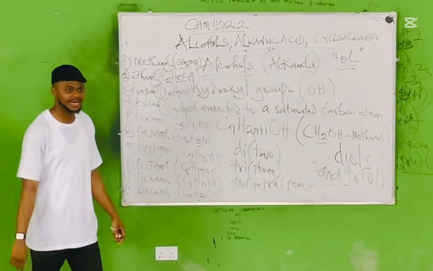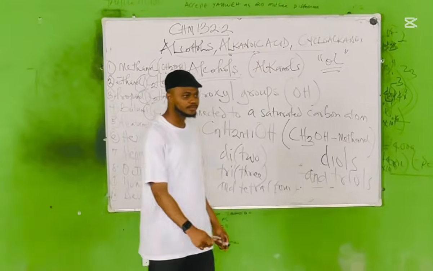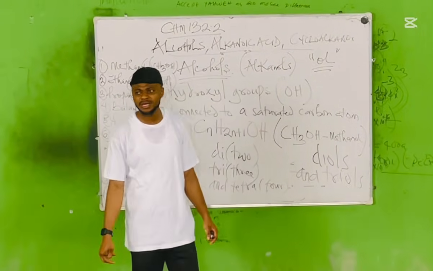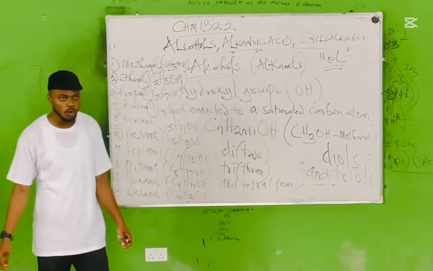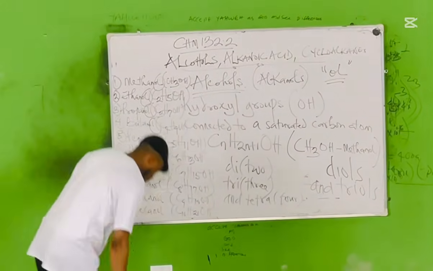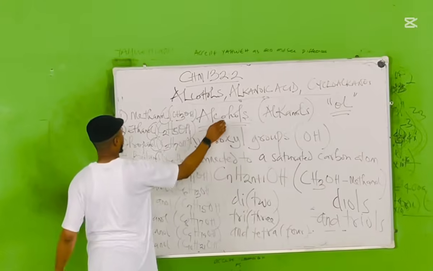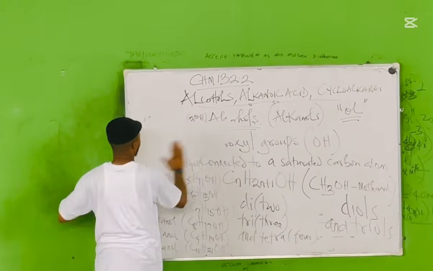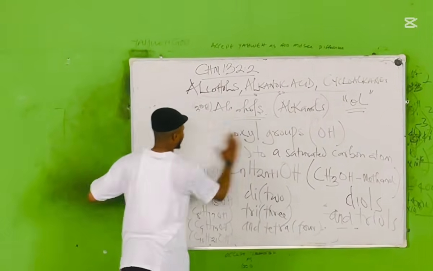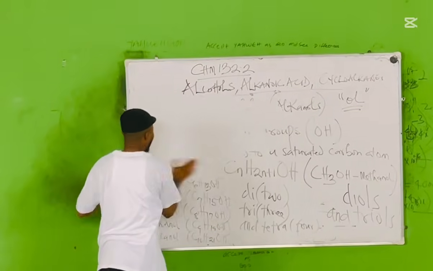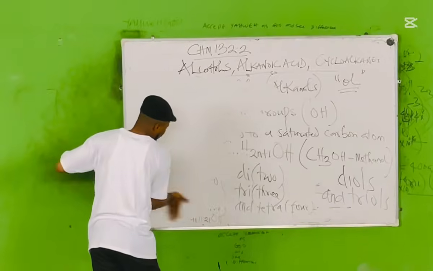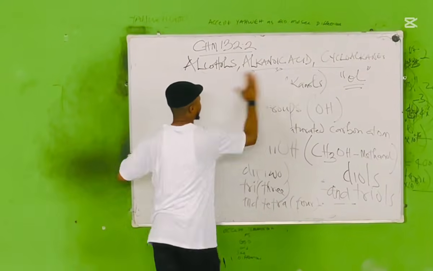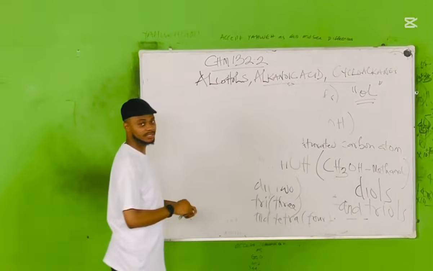Okay? So now let's look at an example. Please take that one. Name the following alcohol structures below. So we are applying our principles to naming the following structures. Now look at it, guys.